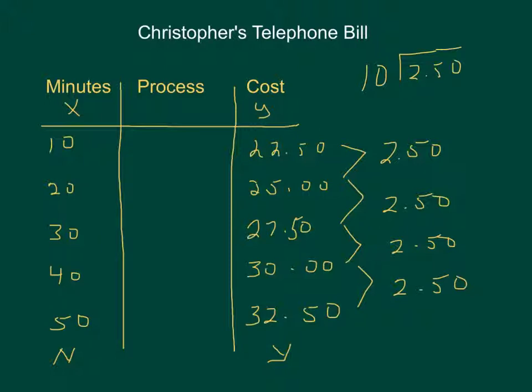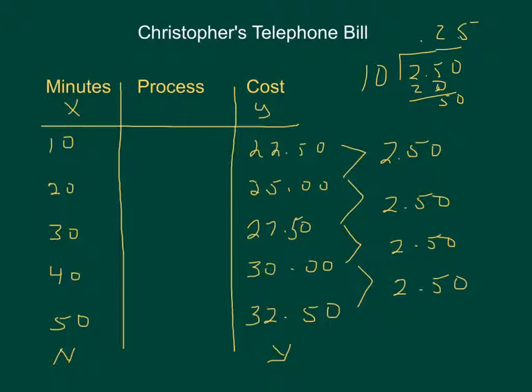I think so. So 10 into 25 is going to give us 2, and 20, bring down the 5. Slip of the pen, that's giving us 0.25 or 25 cents per minute.